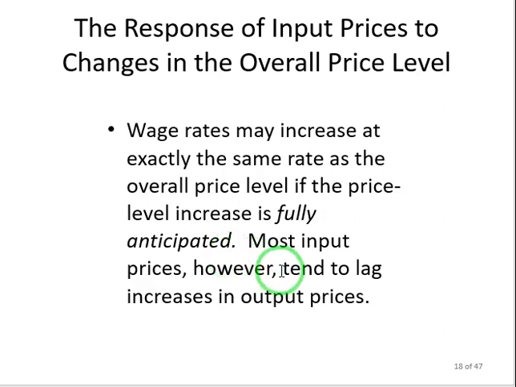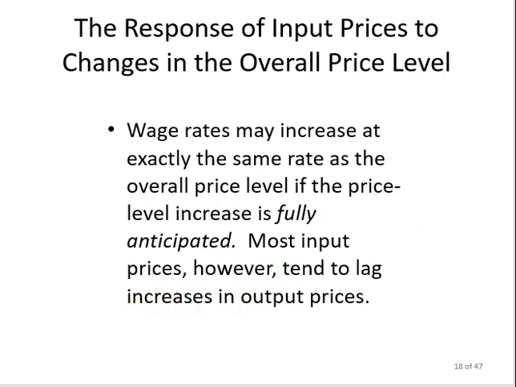So I told you there is always a lag involved. There is always a time involved between the effect of input prices and the output prices. Okay, so that was about the time lags.